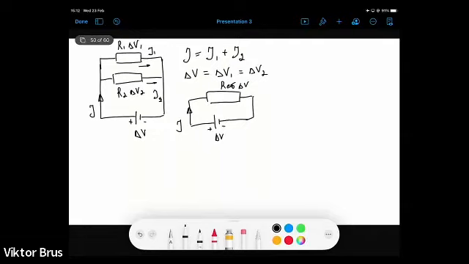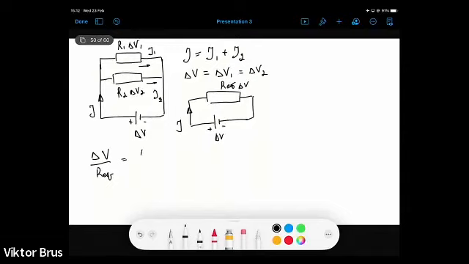So how can we define this current? This current will be equal to the potential difference, delta V, divided by the equivalent resistance, R equivalent. And this current should be equal to the sum of the two currents, I1 and I2, in the first circuit.